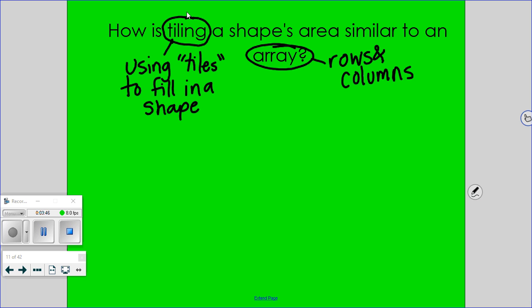So how would these two things be related? How is that similar? How is using tiles to fill in a shape similar to rows and columns? Okay, how are those two things similar?